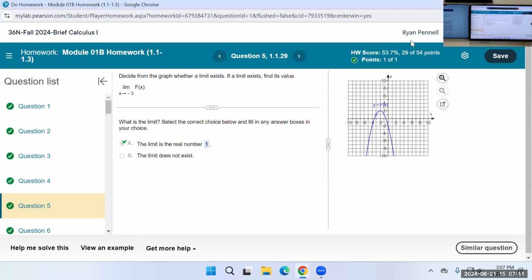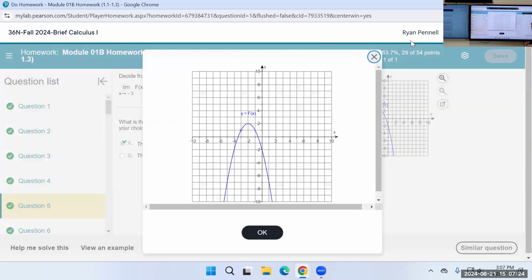Decide from the graph whether the limit exists. If a limit exists, find its value. The limit as x approaches -3 of f of x. They didn't give me the function, they just gave me a graph. So I just have to look at the graph. Okay. So as x approaches -3, where does that happen? So x is going to -3.